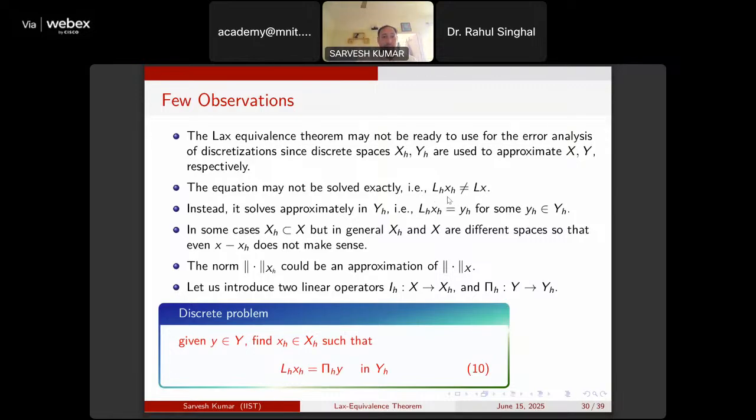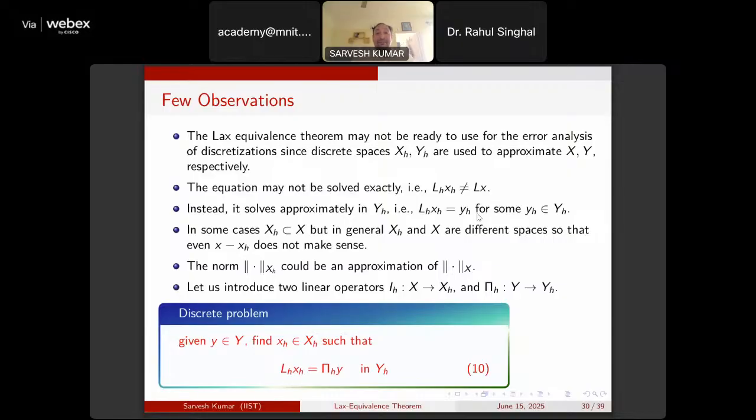Instead, as I told you in the first slide, we have a capital FH there, right? So we have to solve LH xh equal to yh for some yh. This is actually the discrete problem.